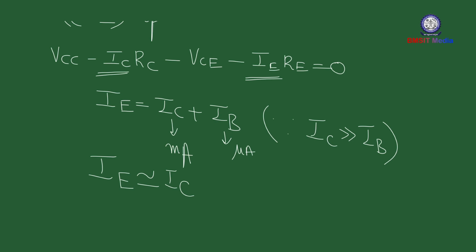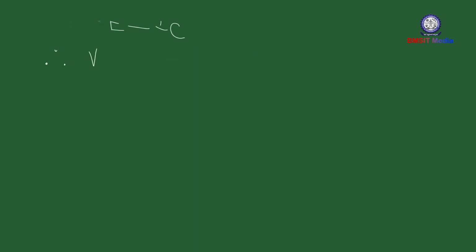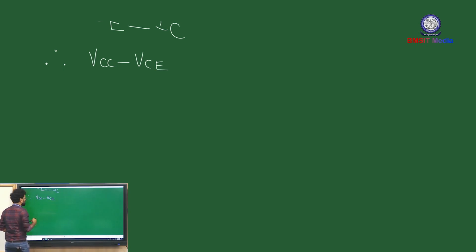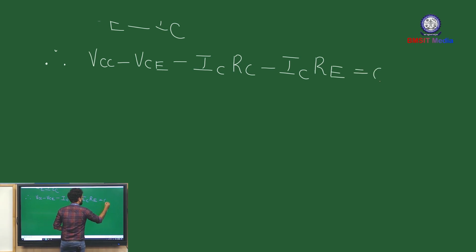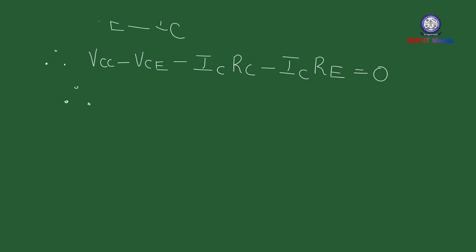With that approximation, you will be able to maintain one single current in the transistor output circuit.